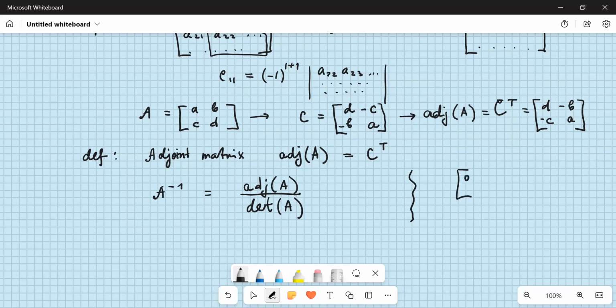The adjoint matrix is D, minus B, minus C, A, and the determinant of matrix A gives 1 over AD minus BC, right? So for a 2 by 2 matrix, everything works perfectly. Now we are going to prove that it's not going to work only for a 2 by 2 matrix, but it's going to work for any other matrix.